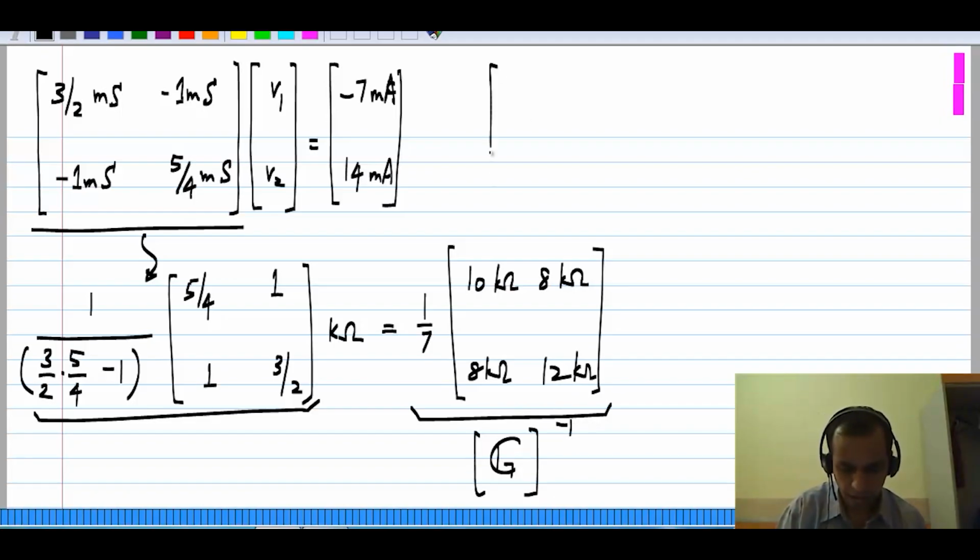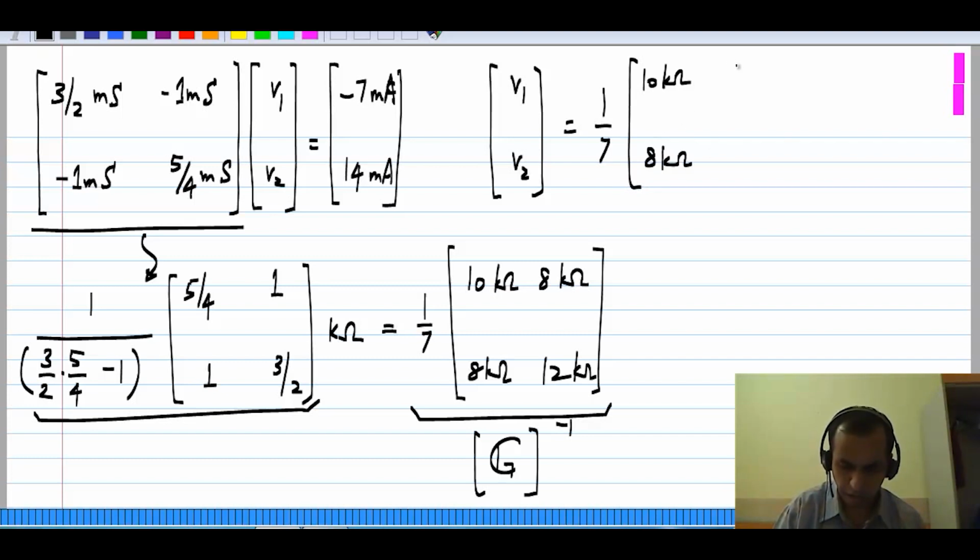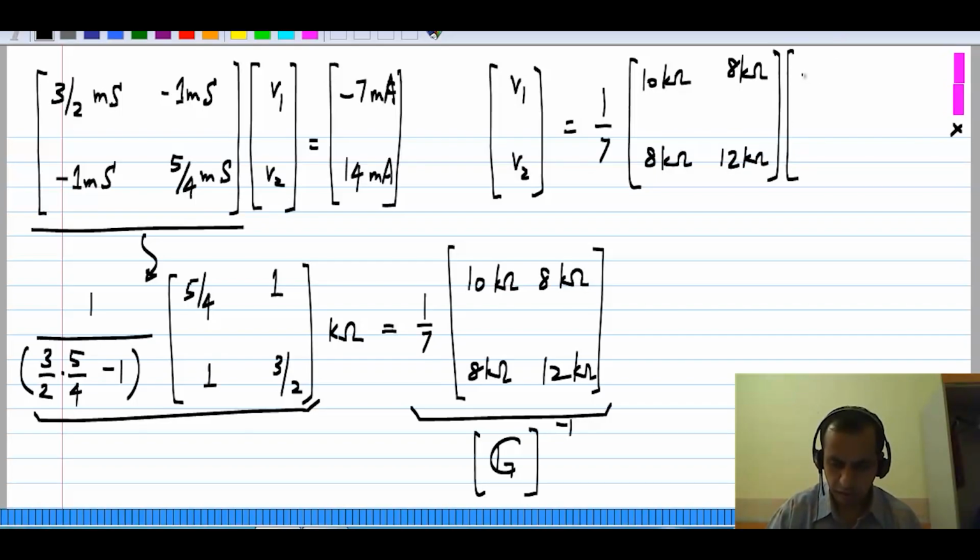Now, the unknown vector V1, V2 is the inverse of the G matrix times the current vector minus 7 milliamp, 14 milliamp. Okay.